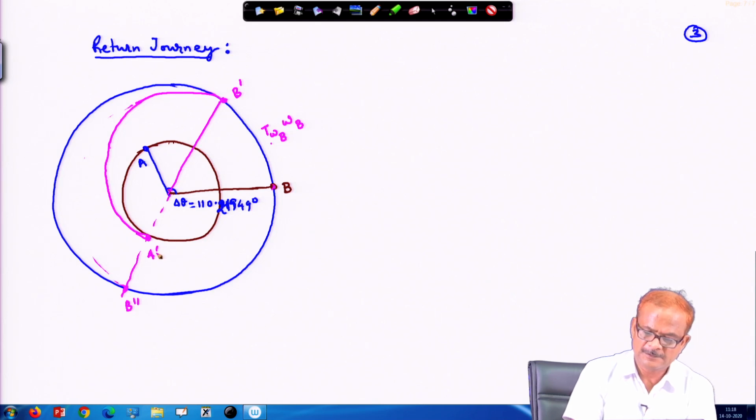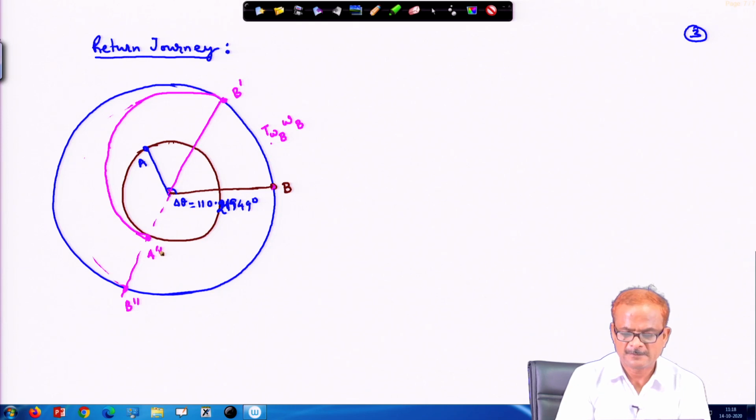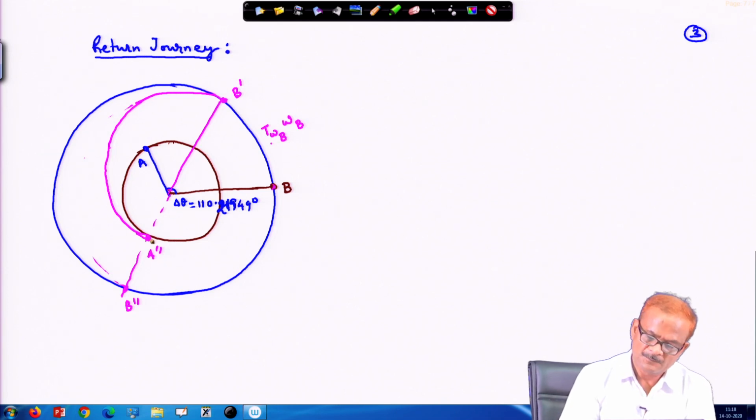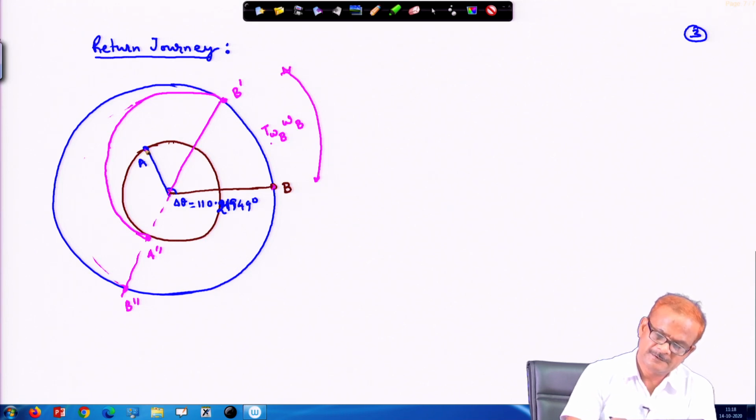So, this is A double prime I will write. Why? Because first during this wait time from here to here, your A is already here. So, it will move certain angle, okay.